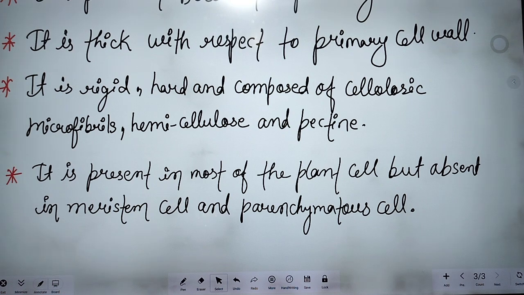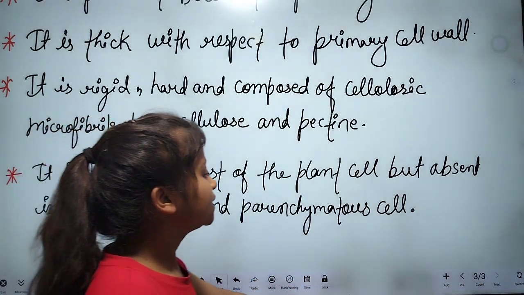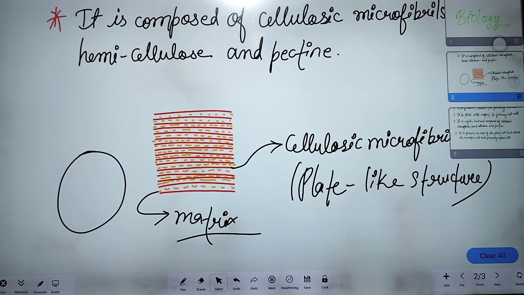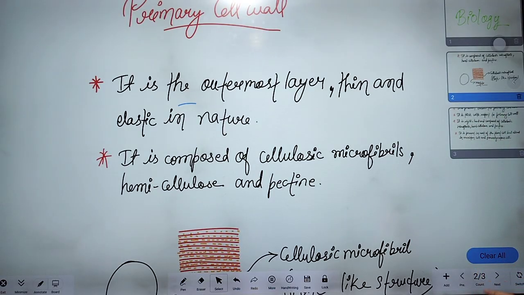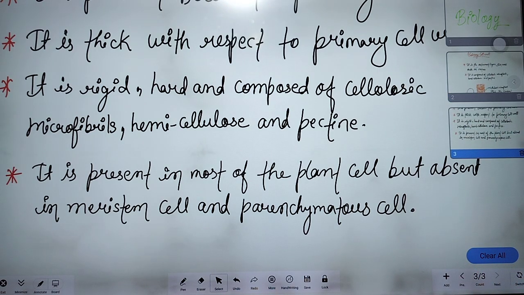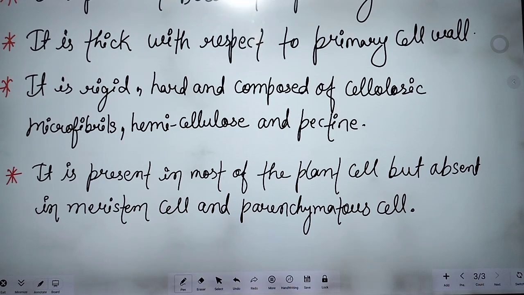It is rigid, hard, composed of cellulosic microfibril, hemicellulose and pectin. Its composition is the same but still it is harder and thicker than the primary cell wall. The primary cell wall is also made up of cellulosic microfibril, hemicellulose and pectin, and the secondary cell wall is composed of the same, but still it is hard and thick.